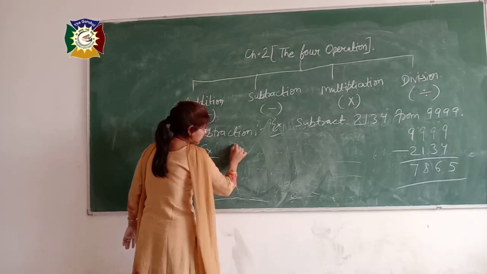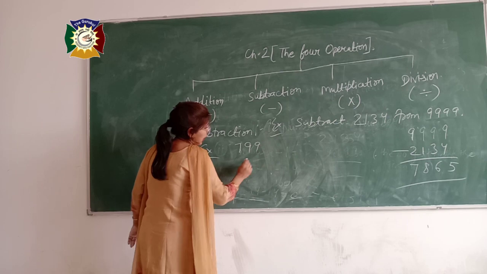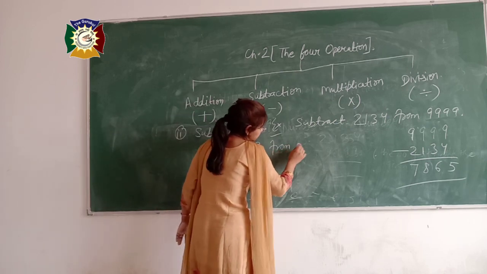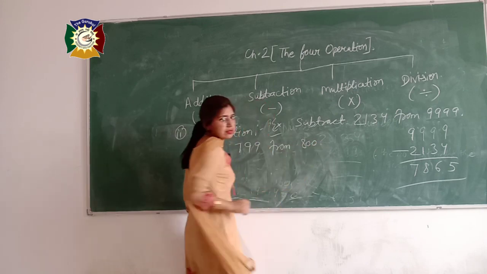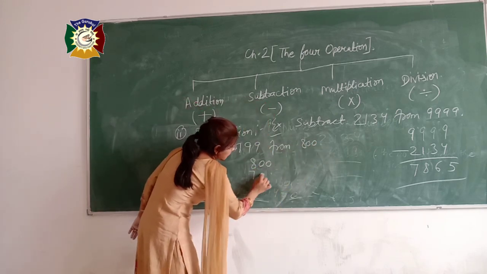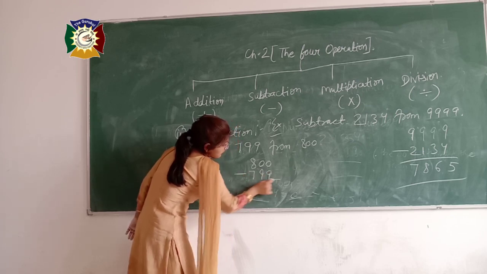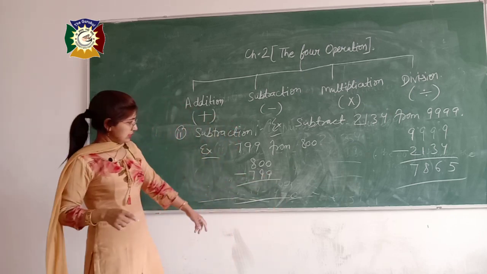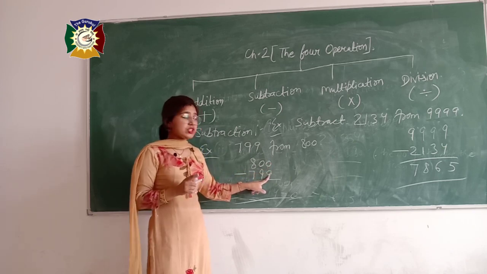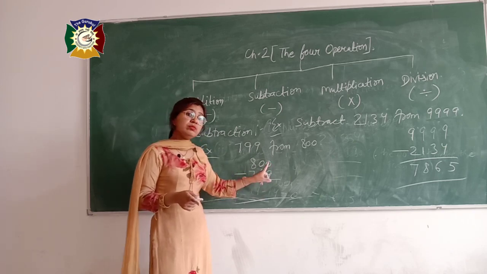Like if I say subtract 799 from 800. What is the answer? See, children, here what will you do? 800, and 799 is the number I said to subtract. See, here is 0 and here is 9. It is not possible to subtract 9 from 0.